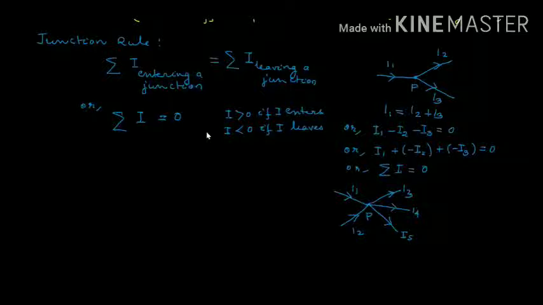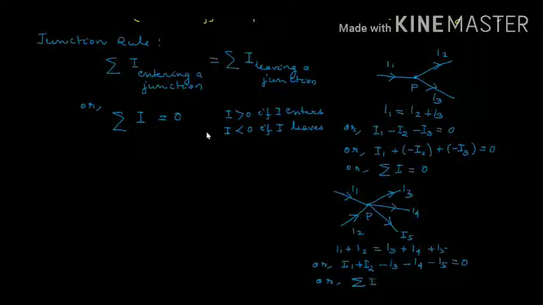So similarly we can write I1 plus I2 is equal to I3 plus I4 plus I5, or I1 plus I2 minus I3 minus I4 minus I5 is equal to 0, or we write summation I is equal to 0.